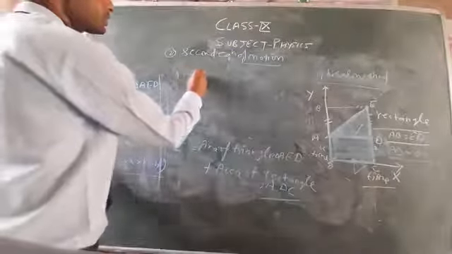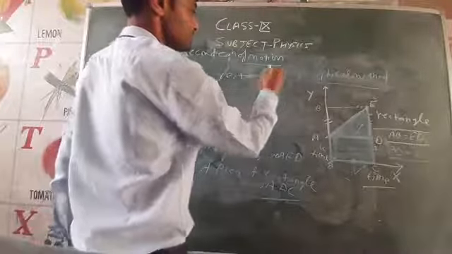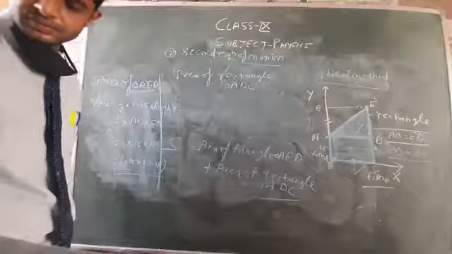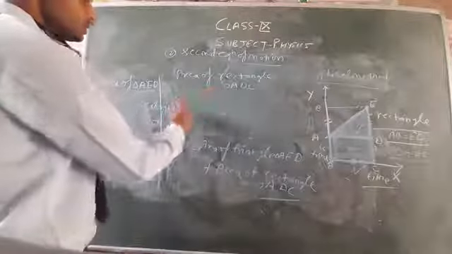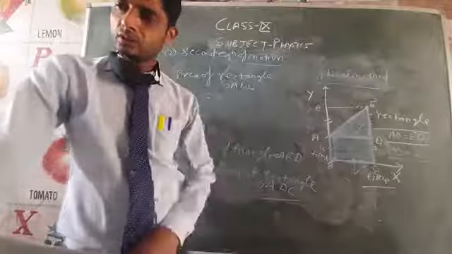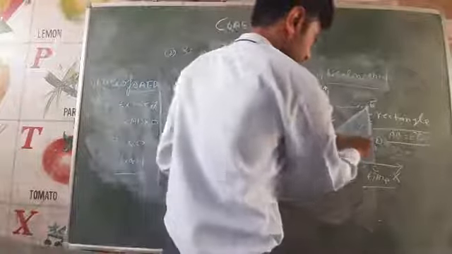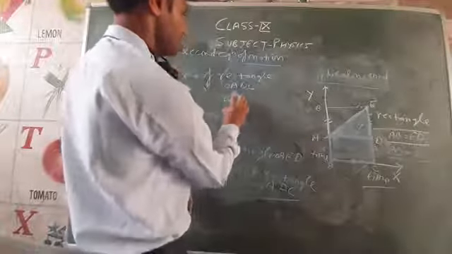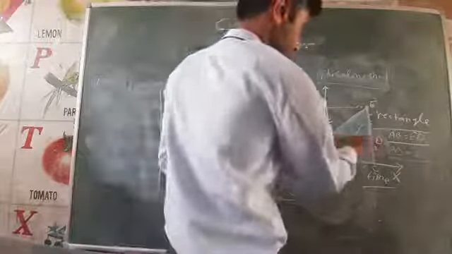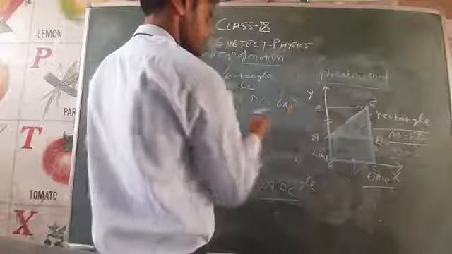So the area of rectangle OADC, as you know, is equal to length into breadth. Length into breadth: this is the length AD into breadth DC. It means L into B.